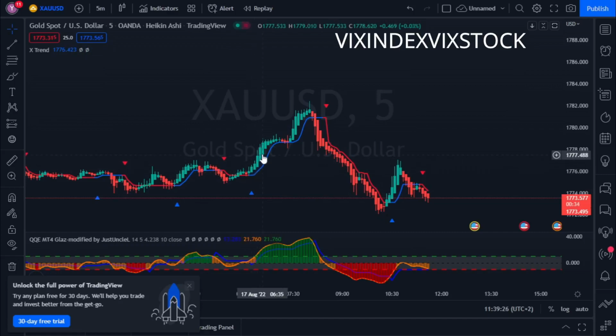And obviously our Heikin Ashi candles need to be blue or whatever color you set for your buys. Then when it comes to our QQE, we want this blue line to be below the orange one, and the bars need to be green. So we'll take our trade somewhere around there. That's where we would take our buy trade.